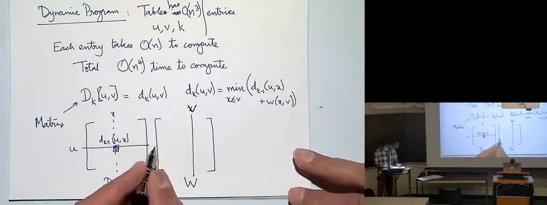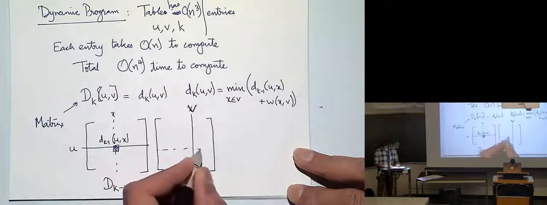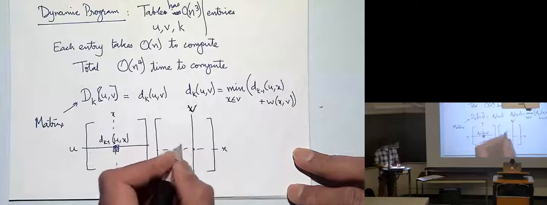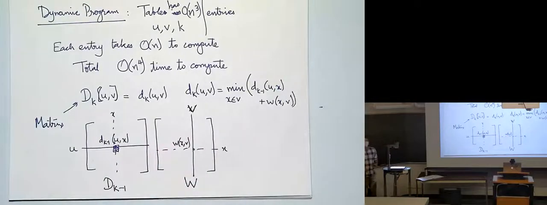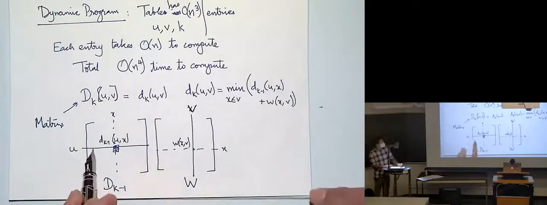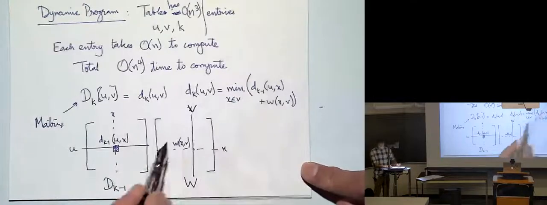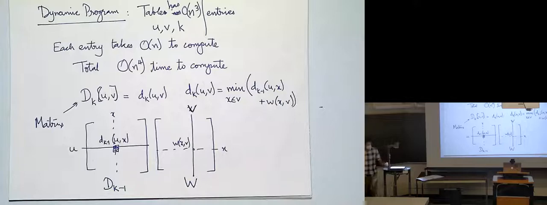Actually, one doesn't even need the symmetry here, but if I look at the xth row here, what I get over here is w_xv. Do you see that? Like if I look at the row corresponding to u, I get the first thing. I look at the column corresponding to v, I get the second thing. So actually, you don't even need the graph to be undirected. This is unimportant for that.